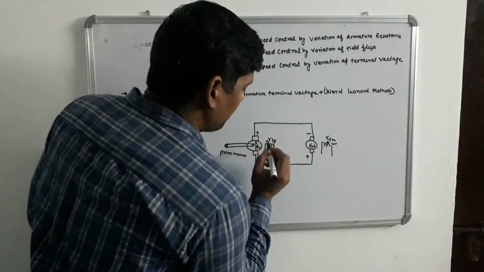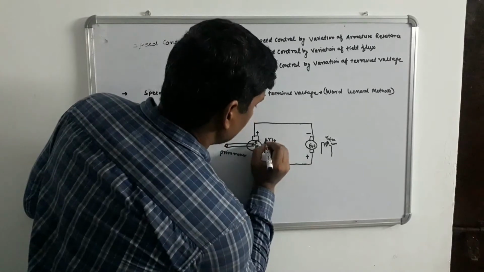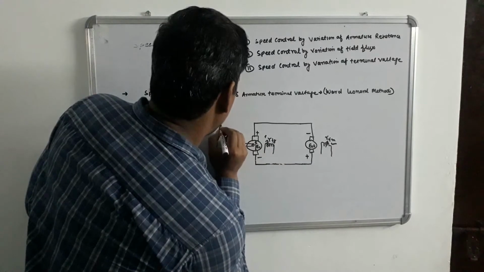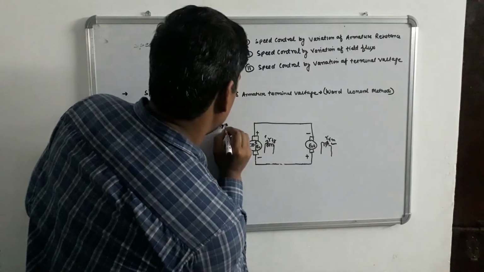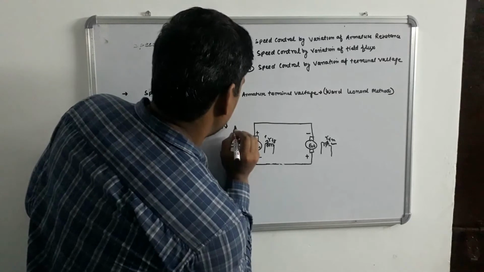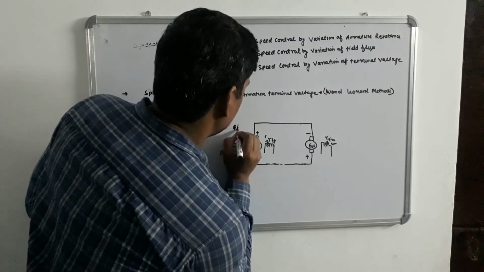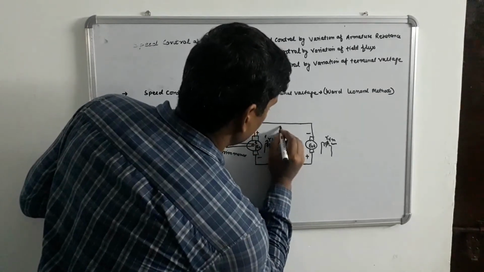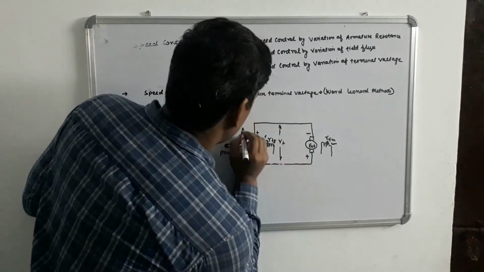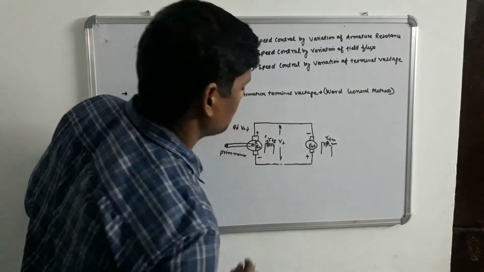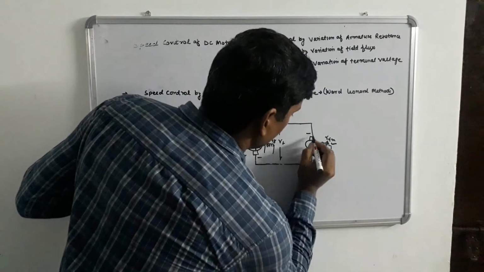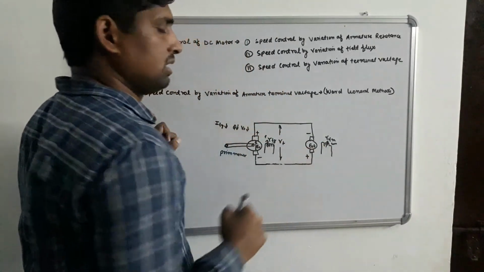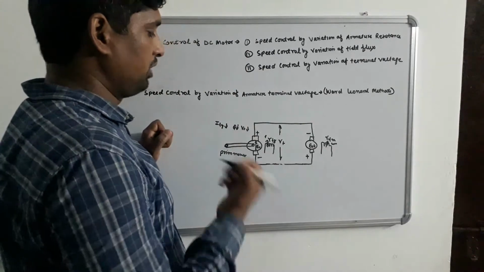If the field resistance RF is increased, that means IFG decreases, then the field flux decreases, and the terminal voltage VT decreases. Then the motor terminal voltage also decreases. The speed will decrease.